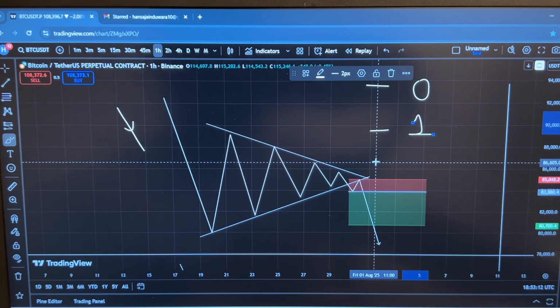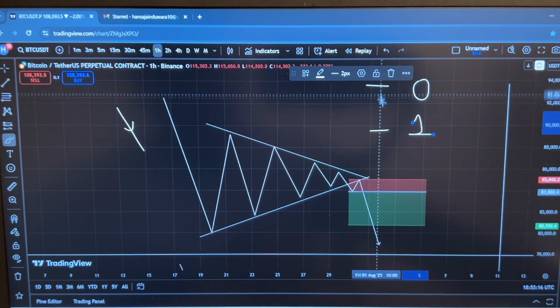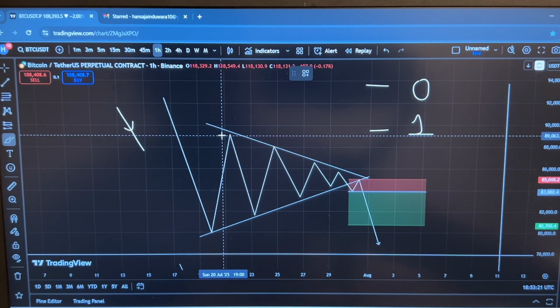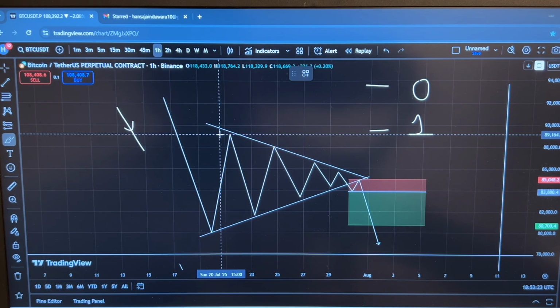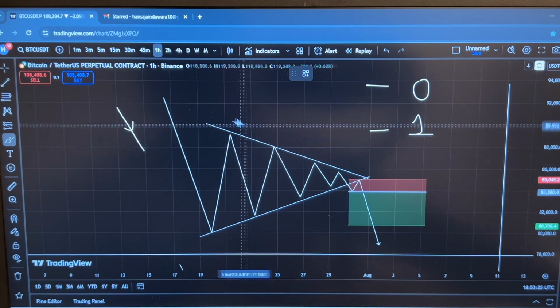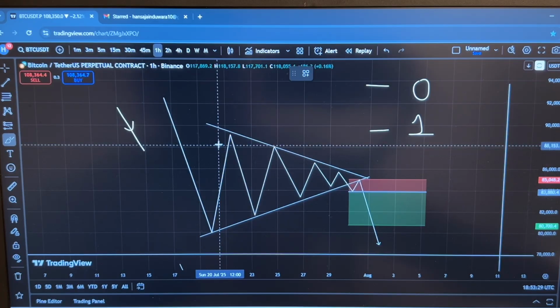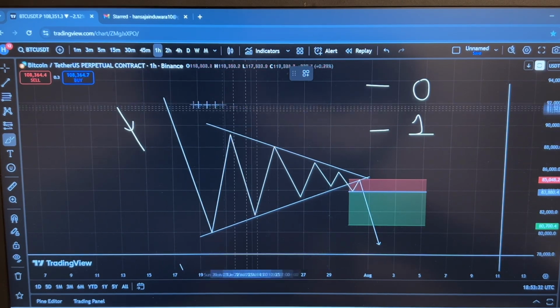The blue line will come in handy, we'll talk about that in a bit. So first off, let's get the zero level. We are going to put it within the chart pattern, within the pennant pattern, or the symmetrical pattern, inside the consolidation.